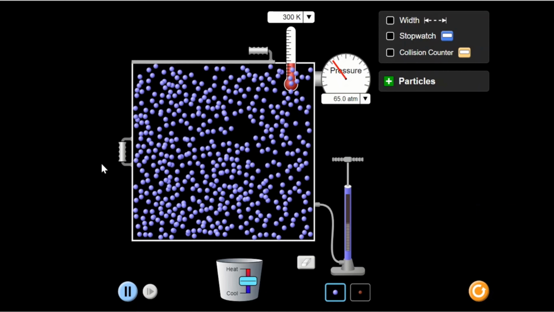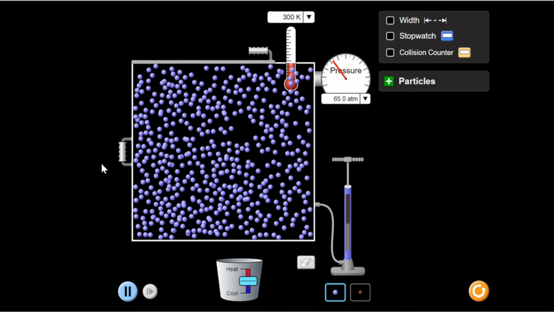And for Avogadro's law, volume is directly proportional to the number or amount of gas, this time at constant temperature and pressure. Now, if you combine all these gas laws, what we have would be the ideal gas law equation.